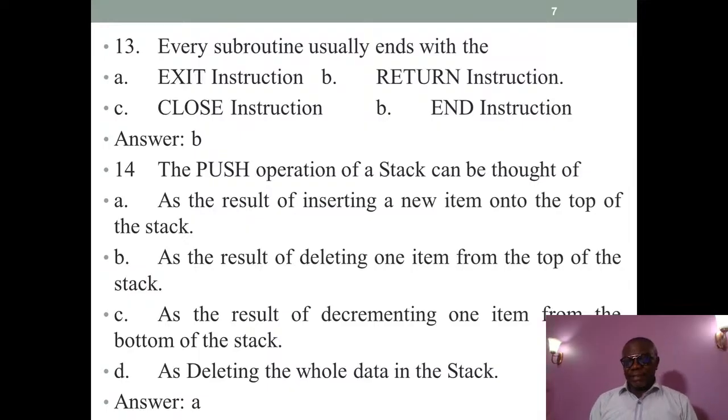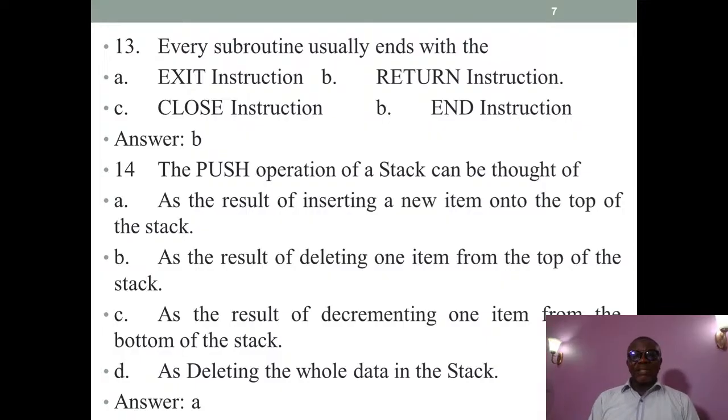Now, let's get a clearer picture of it. If you're washing your dishes, let's say your flat plates, you wash the first one, you put it, you wash the second one, you put it on top, you wash the third one, you put it on top.